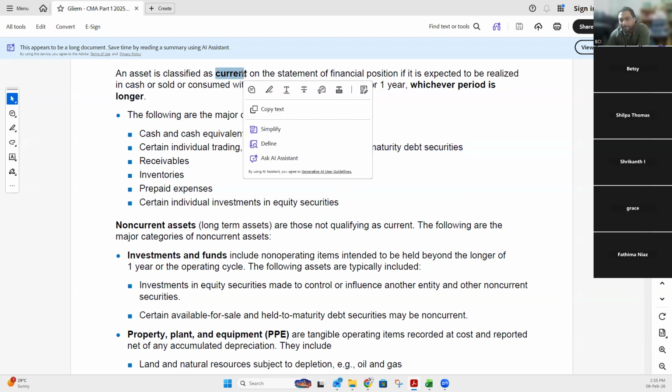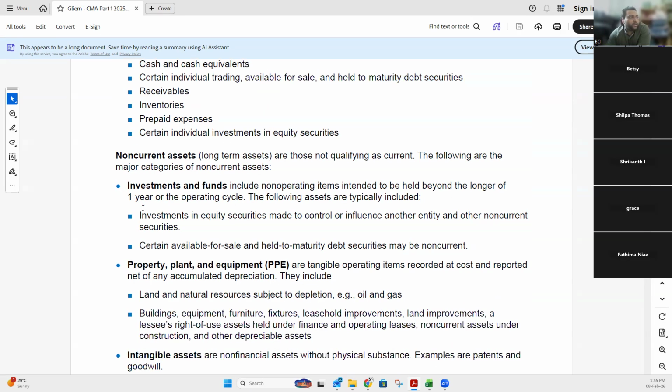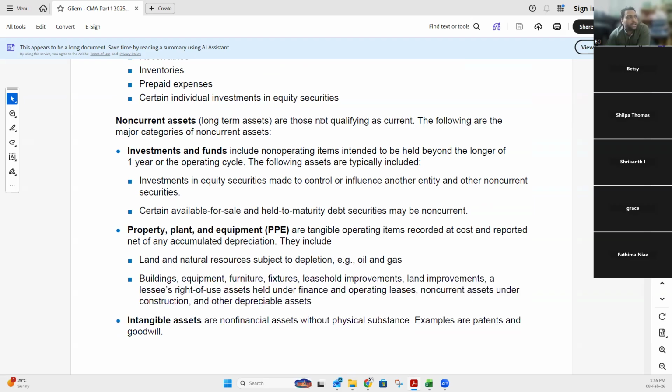Clear? Okay. Now, going forward, non-current assets, long-term assets, are those not qualifying as current. The following are the major categories of non-current assets. That is, investments and funds include non-operating items intended to be held beyond the longer of 1 year or the operating cycle.